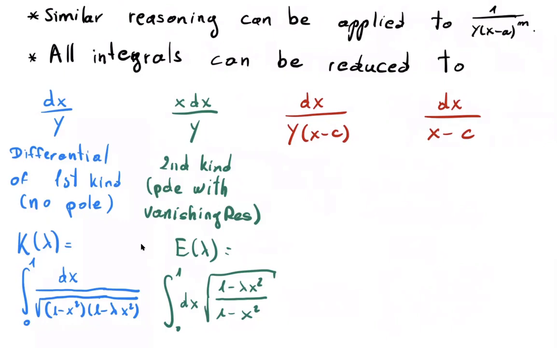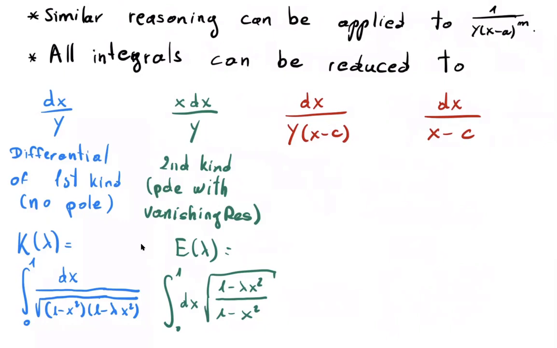In order to show it, you have to do exactly the same change of variables you would need to do for the differential of the first kind to show that there's no pole. If you do the same calculation for the differential of the second kind, you can see that it has a pole at infinity, but no residue.